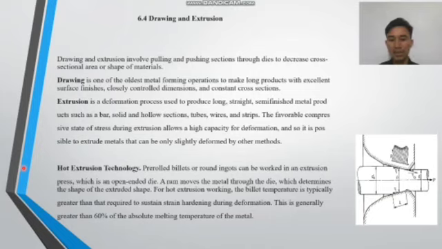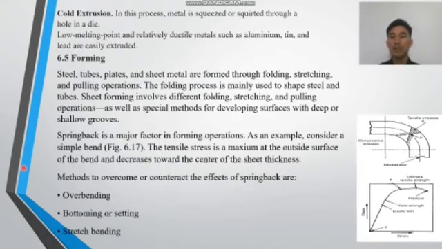This is generally greater than 60% of the absolute melting temperature of the metal. Next, cold extrusion. In this process, metal is squeezed or squirted through a hole in a die. Low melting point and relatively ductile metals such as aluminum, tin, and lead are easily extruded.